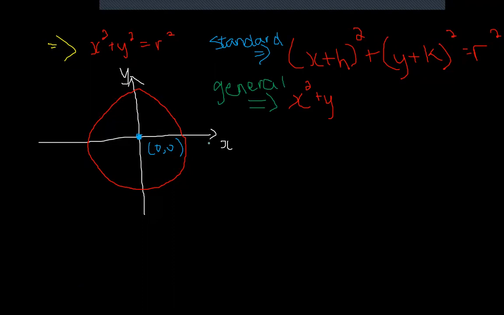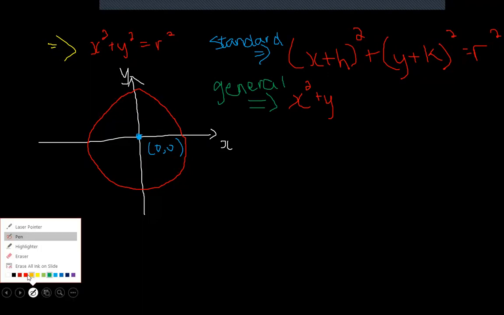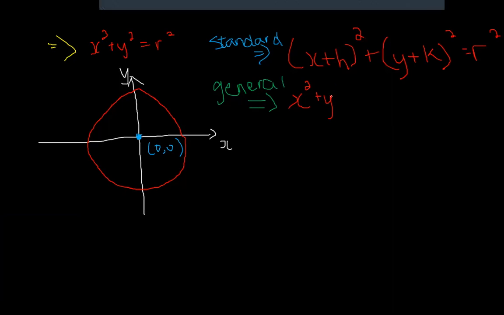For the new people, if you didn't know how we get the general form, all we do is expand the standard form. If you don't know about that, it's in Google Classroom, the recording is there. So the general form of the equation of a circle is x squared plus y squared plus 2hx plus 2ky plus c.